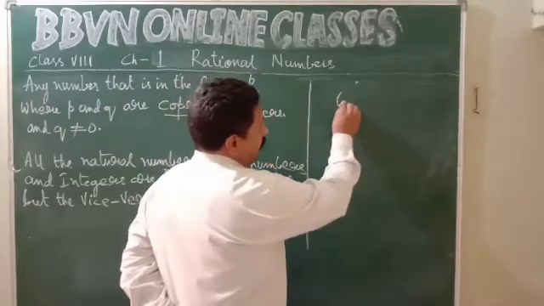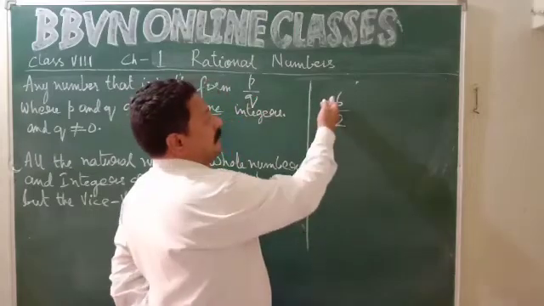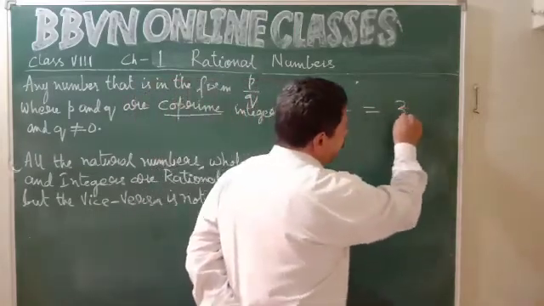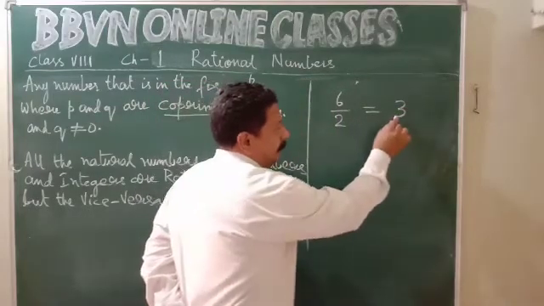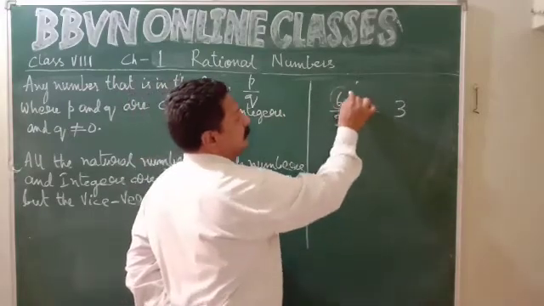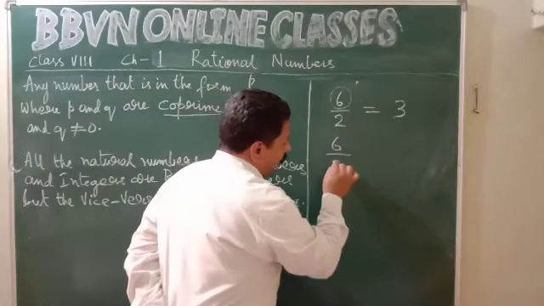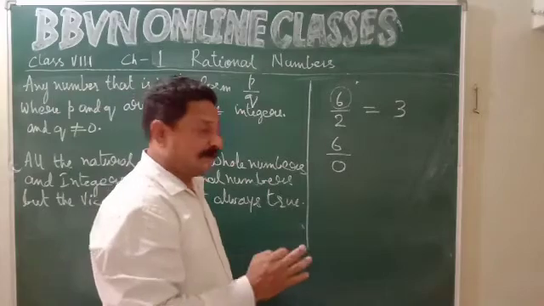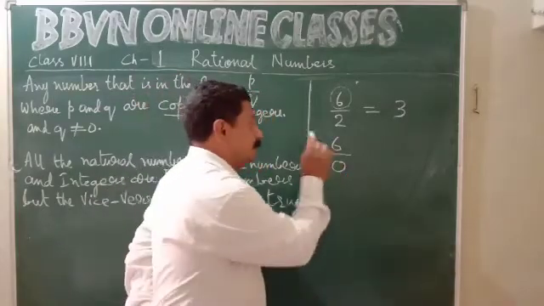Suppose I have 6 upon 2. What is the simplest form that I can write 6 upon 2? I can write it as 3, right? It means if I multiply this 3 by this 2, I can get the numerator 6. But if you have 6 upon 0, do you know any number which when multiplied by 0 can give the product 6?